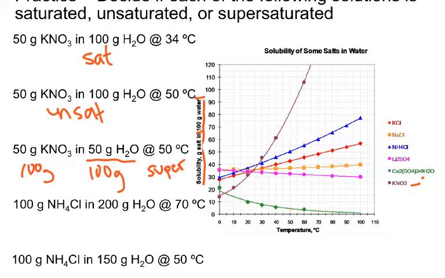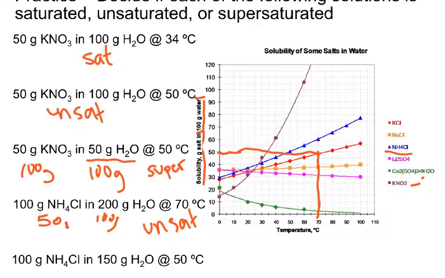Then 100 grams of ammonium chloride in 200 grams of water, so that's going to be 50 grams in 100 grams at 70 degrees Celsius. So here's my 50, here's my 70, and I'm looking at this blue one. So I am under the line, so I'm unsaturated there.